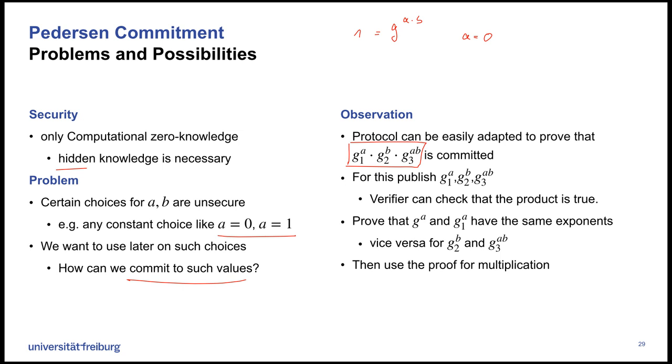And this fixes that you have to choose A, B, and AB. You can prove that this is the case if you just publish the values afterward. You see the multiplication, it works. And then you can prove that they have the same exponent. And when you're done, then you have a proof for AB. So you can start building up proofs for that.